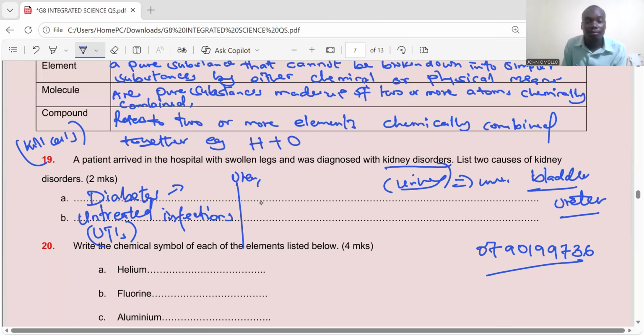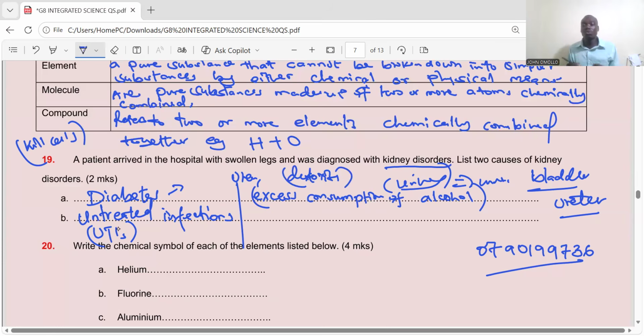Another one is excess consumption of alcohol. That can cause kidney disorders. Remember, when the alcohol is too much for the kidney to detoxify, that is, to reduce or completely eliminate the toxicity of the alcohol in your body, the kidney is going to malfunction.